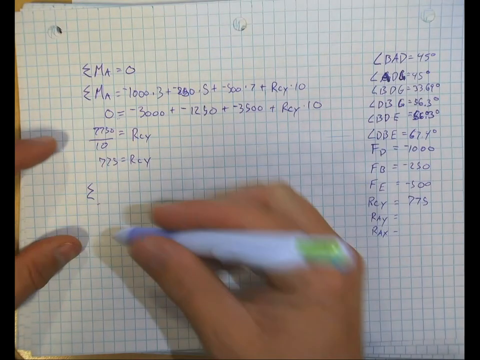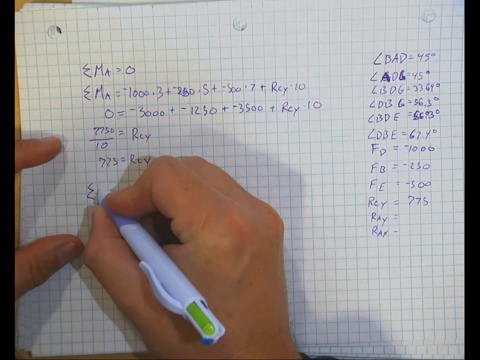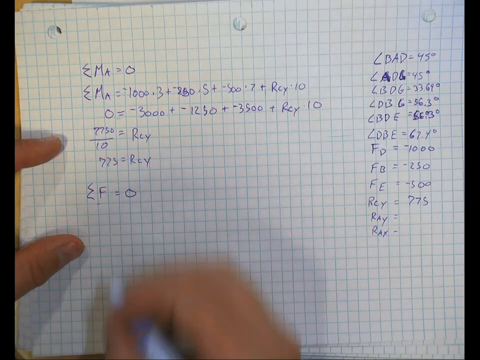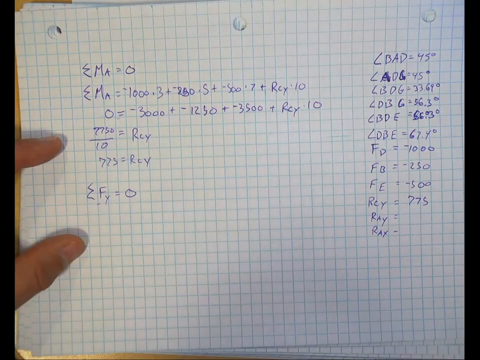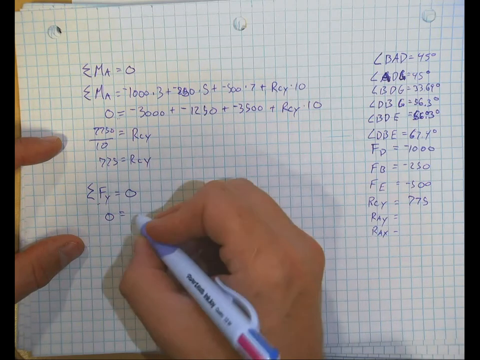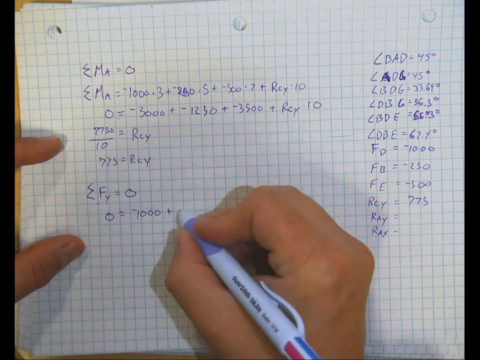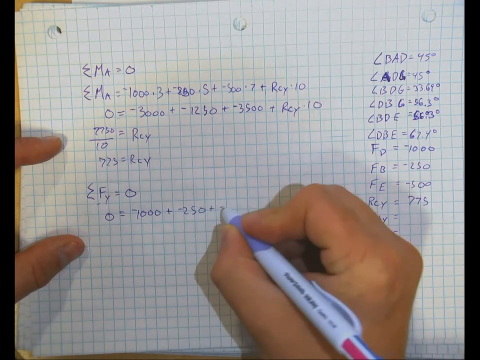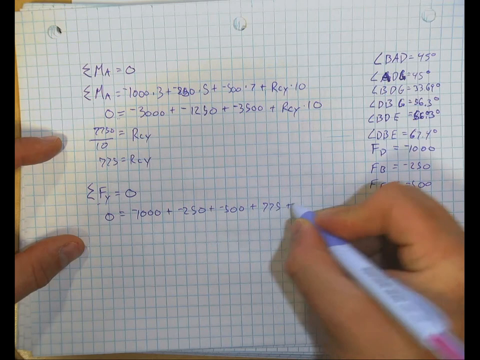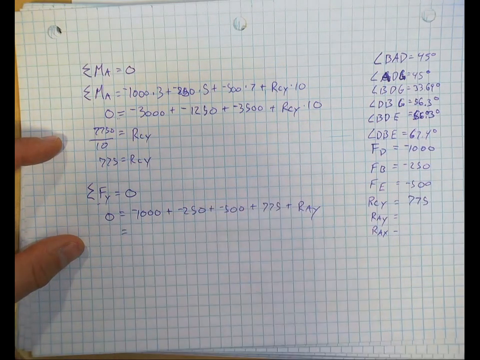So the sum of forces in the y direction is equal to 0: negative 1,000 plus negative 250 plus negative 500 plus 775 plus RAY.